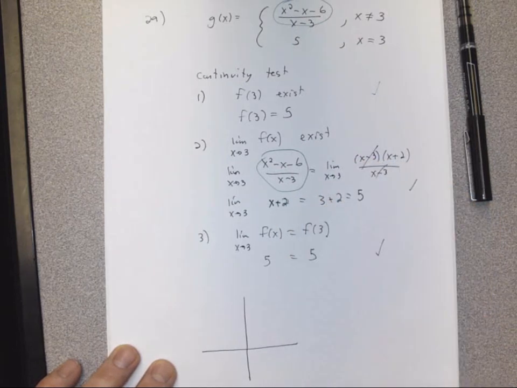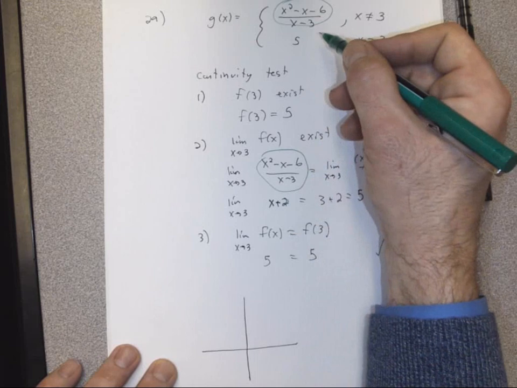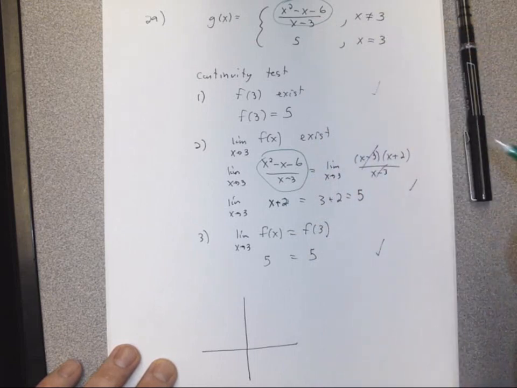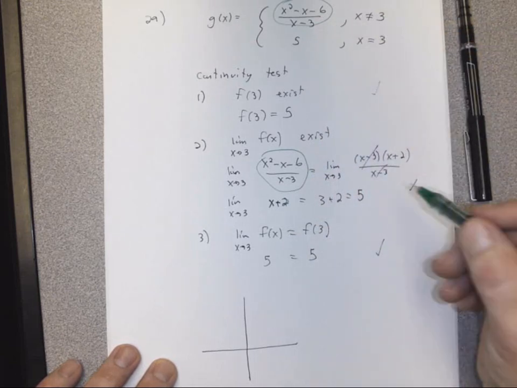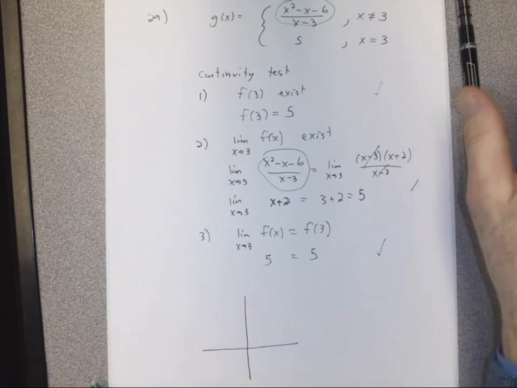So I know that thing graphs just like x plus 2, except it's got a hole at 3, right? Why do I know it's a hole and not an asymptote? Because it canceled. That's right. So x equals 3, we have a hole.